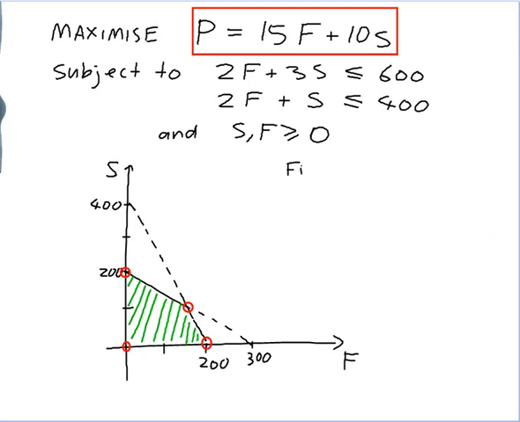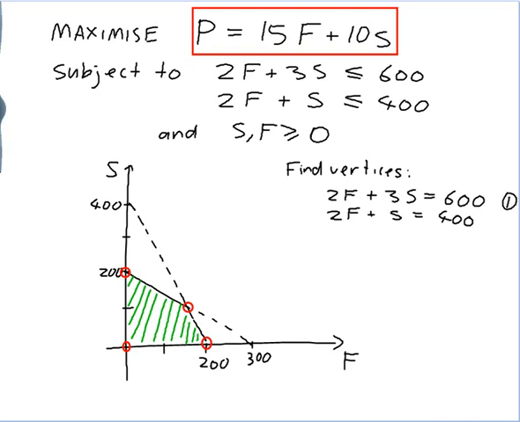Find vertices. 2f plus 3s is equal to 600 is the equation of one of those lines, and 2f plus s is equal to 400 is the equation of the other line. So if I do equation 1 take away equation 2, that will give me no f, and 2s is equal to 200, so s is equal to 100.